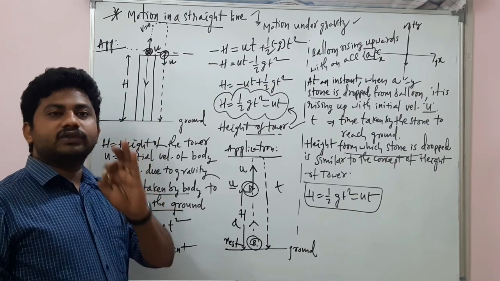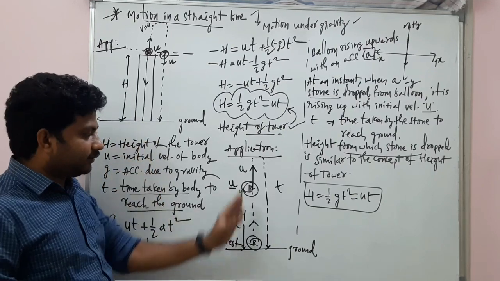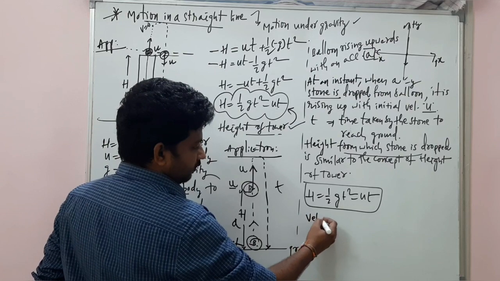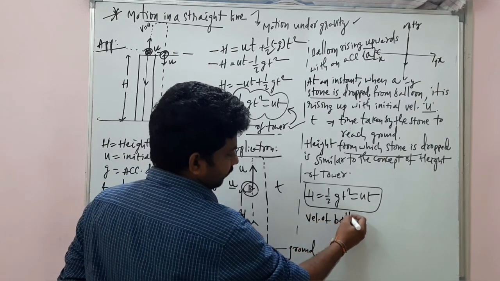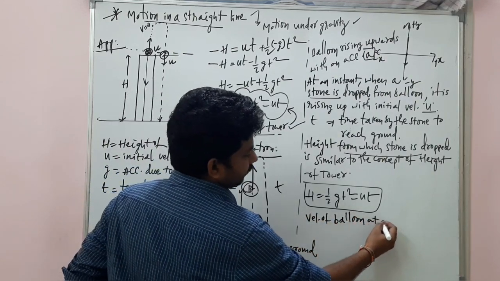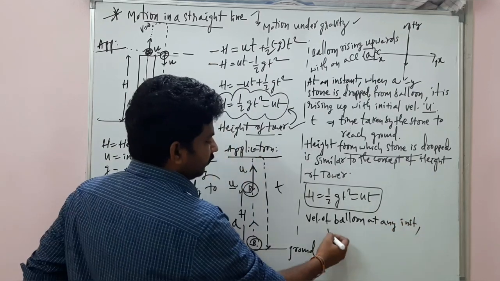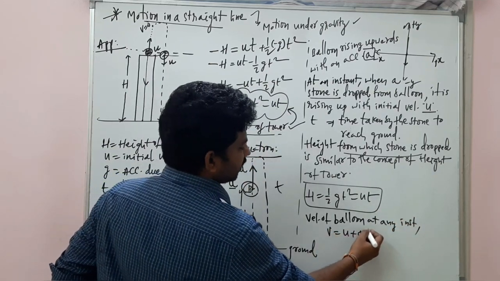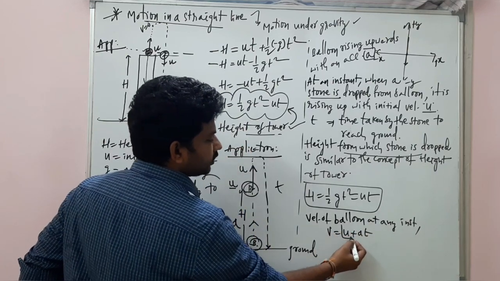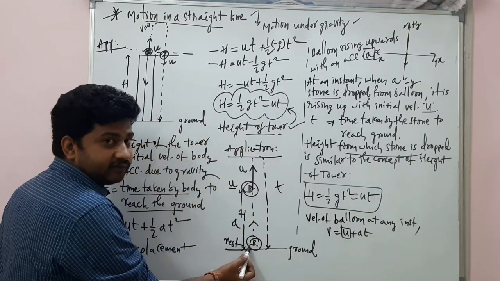Velocity of the balloon at any instant. We can use the formula v is equal to u plus a t, where u is 0 because the balloon is starting from rest.